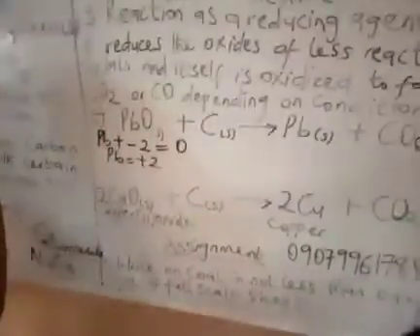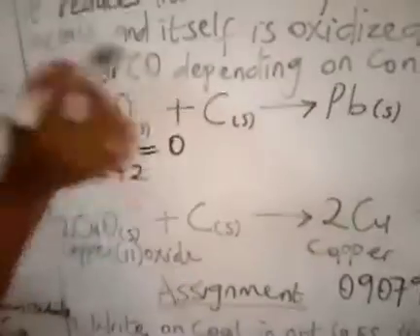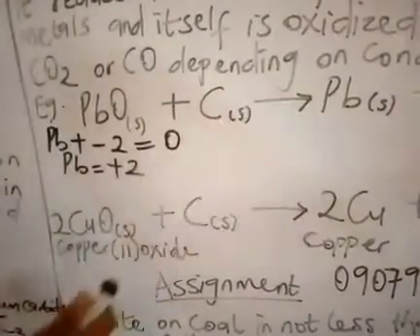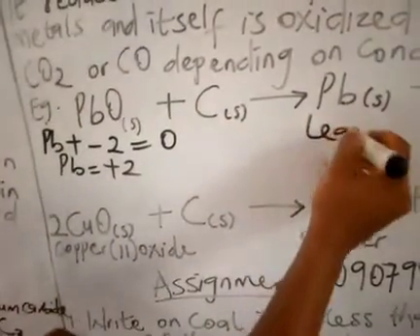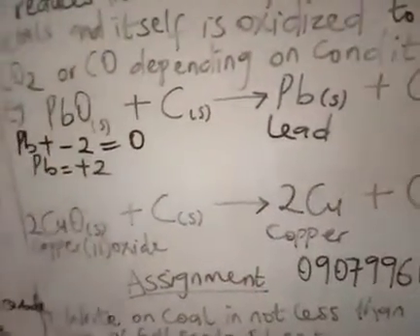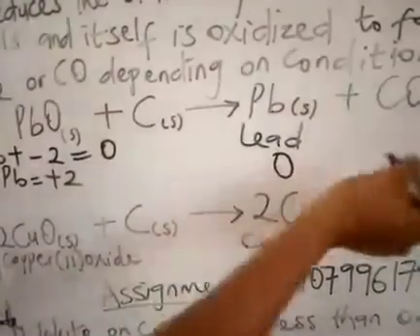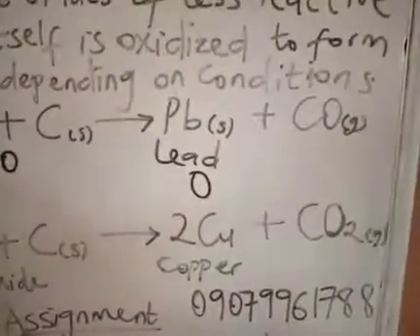In reaction with carbon, it reduced the oxide of lead from lead 2 to ordinary lead. This is just the lead metal, and any element in its natural state has an oxidation state of 0, to give rise to carbon monoxide.